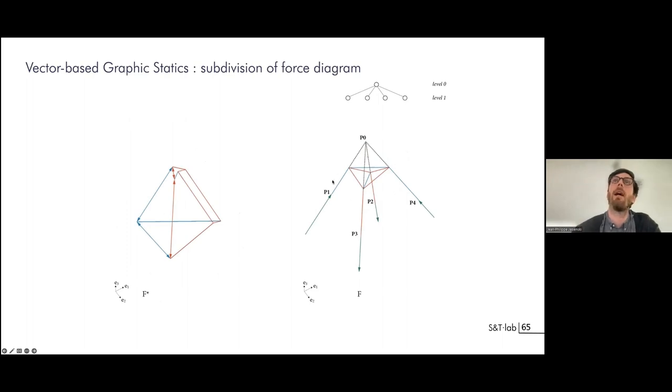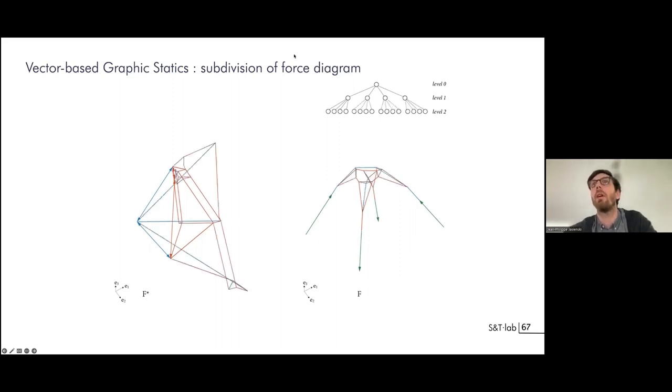Okay, and then you can keep on. You do exactly the same construction for this node here. You can see that you can identify them all the time because you have this pair of non-overlapping vectors there, then it's there. Okay, and so at some point you have a force diagram that is interesting because it has different levels of hierarchy.